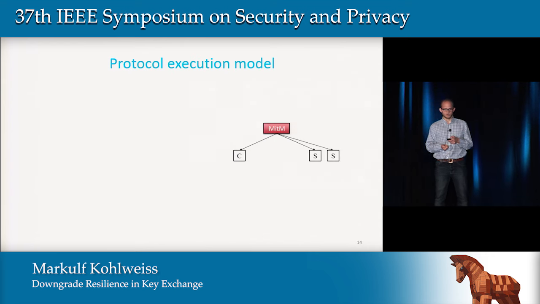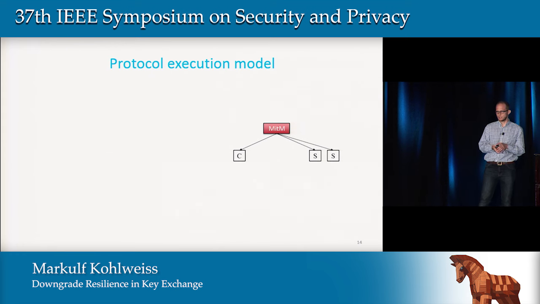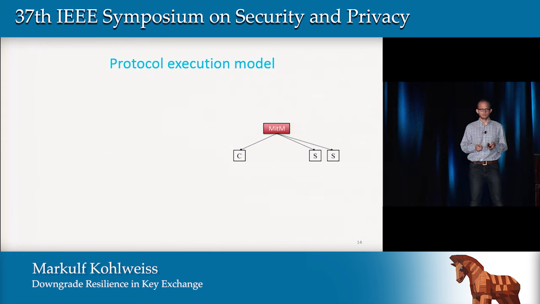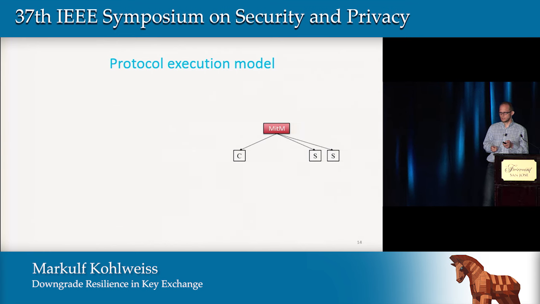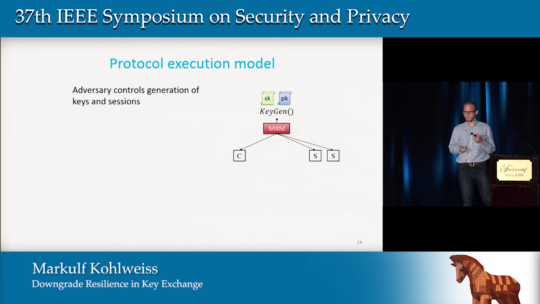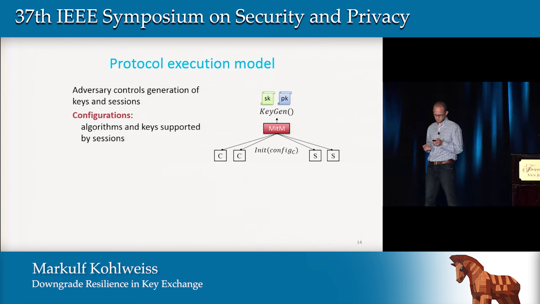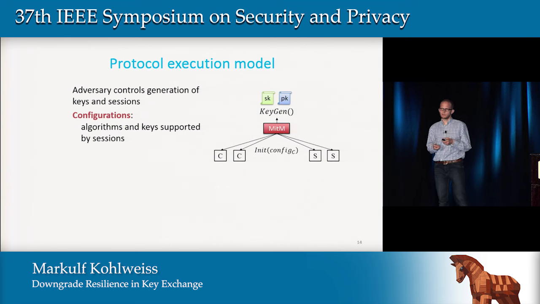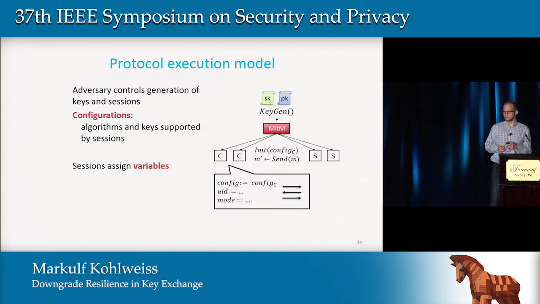So this is a quick primer into key exchange models adapted to this more general attacker model. We have a man in the middle that creates long-term keys and protocol instances. When initializing protocol instances, he provides them with their configuration. So the attacker can adaptively choose what these parties are willing to negotiate. Then he drives the protocol by using a send oracle in which he provides messages and receives messages, acting as a man in the middle.